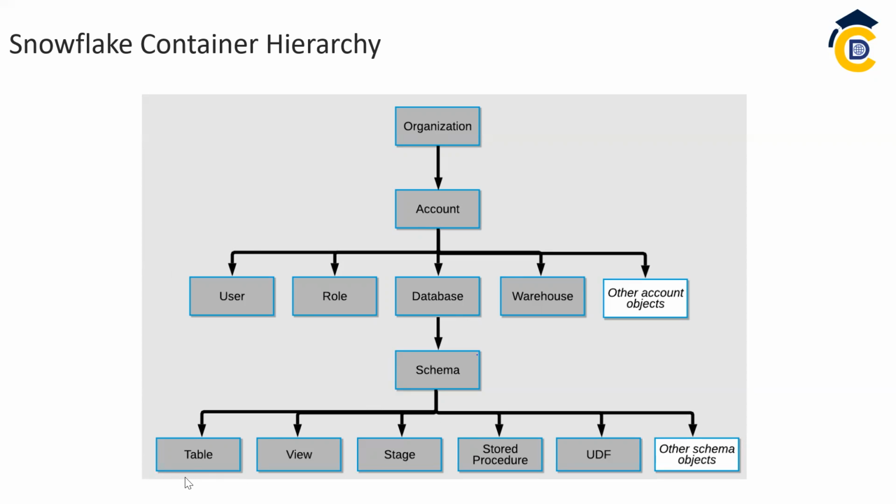It should not be able to do any DMLs like insert, update, or delete. Then we can give that select privilege to a role, and that role can access this table with only the select privilege. So these two approaches Snowflake is based on: DAC and RBAC, discretionary access control and role-based access control, combined with ownership and privileges given to the roles.